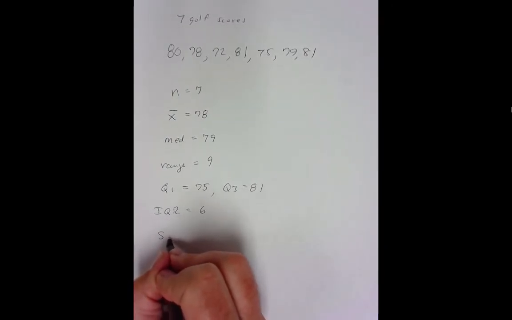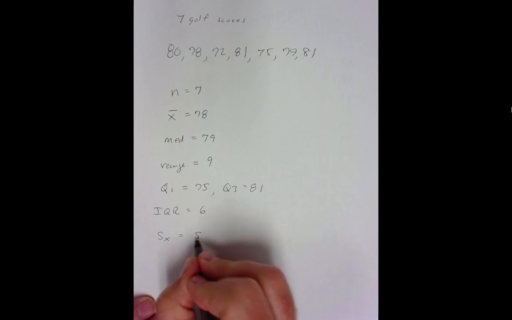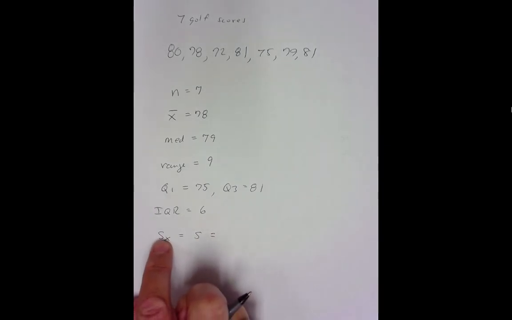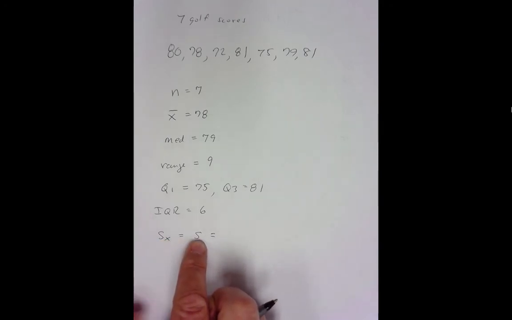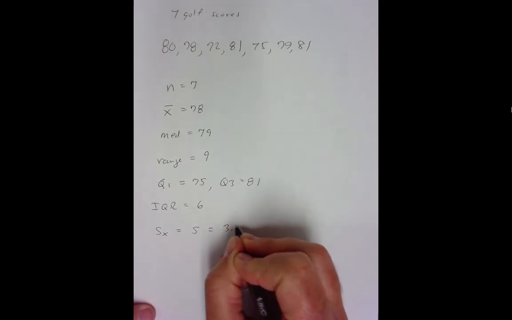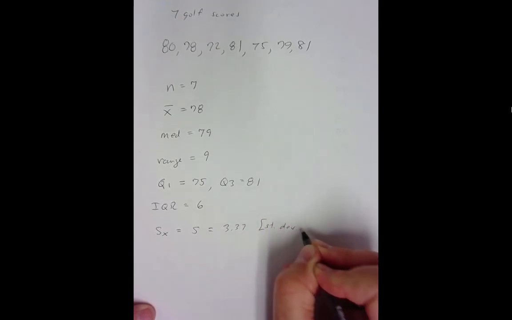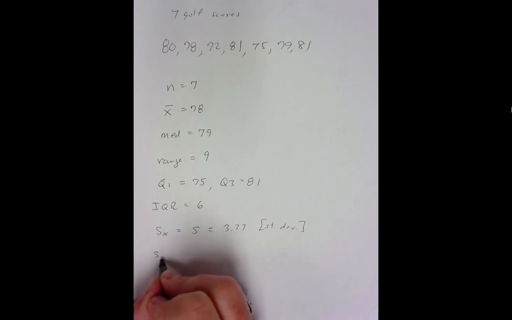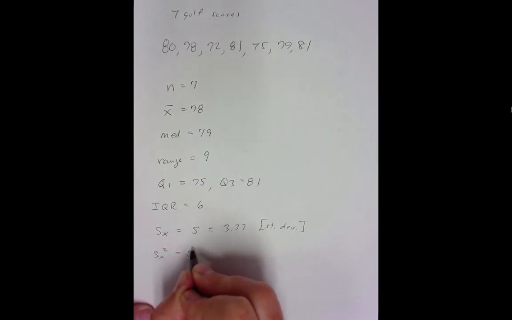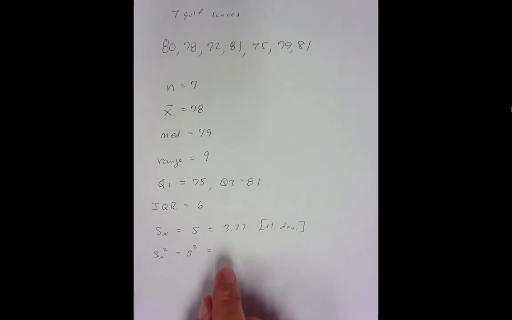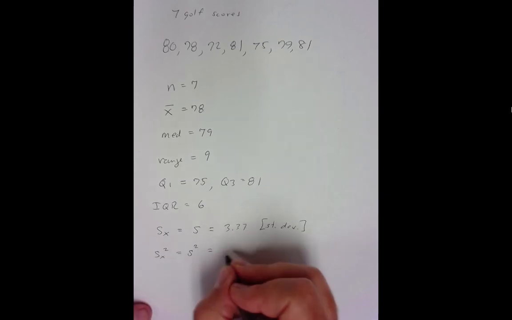And we know that the standard deviation, which will be one of these two symbols, S with a small x as a subscript, or just S, was 3.37. And we know that the variance, which is Sx squared or just S squared, was 11.33.